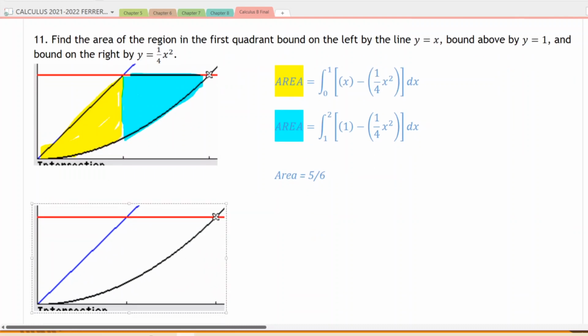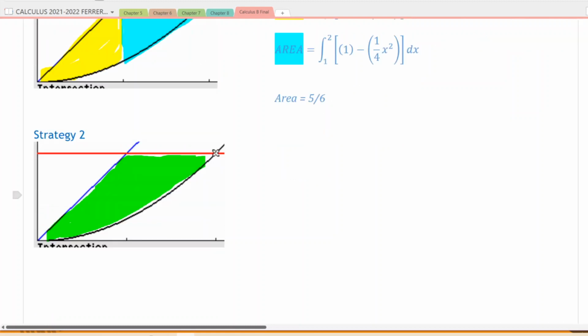Strategy 2 is to consider this sideways. So we are going to do the right curve minus the left curve. We notice that the right curve is this curve y equals 1/4 x squared.